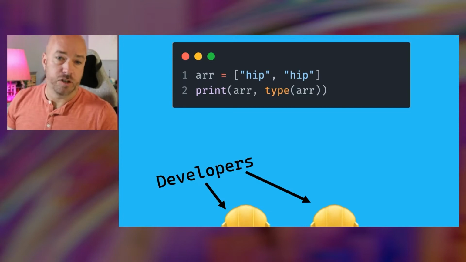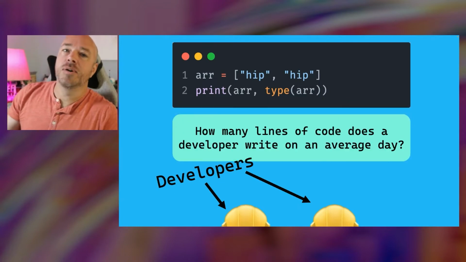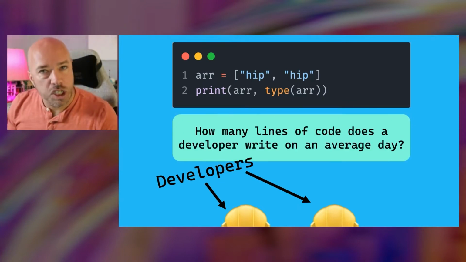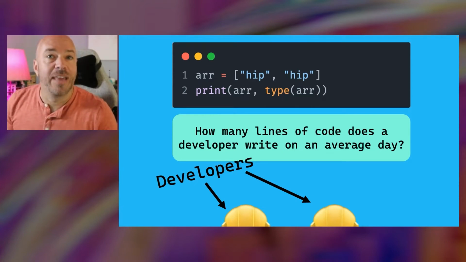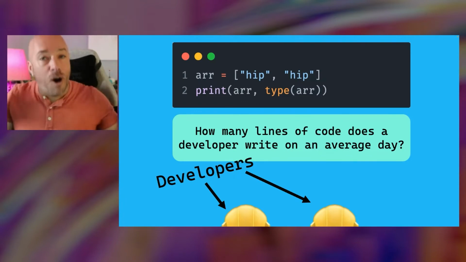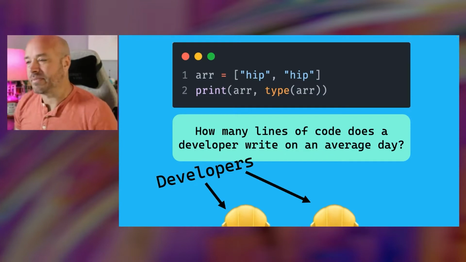Okay, that is true. But I have a question for you. How many lines of code does the average developer write every day? And when I say average developer, I don't mean a developer of average skill. Okay, that would be me. I just mean of all the developers in the world, what is the average number of lines you write every day as a developer?